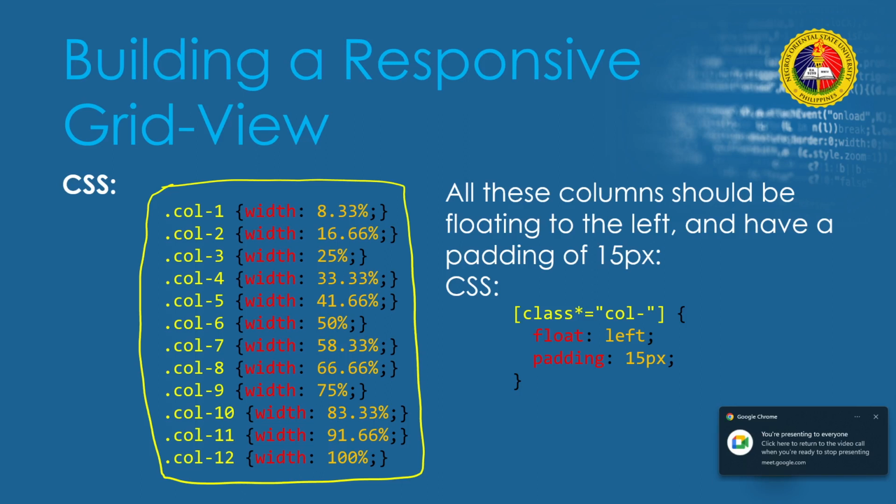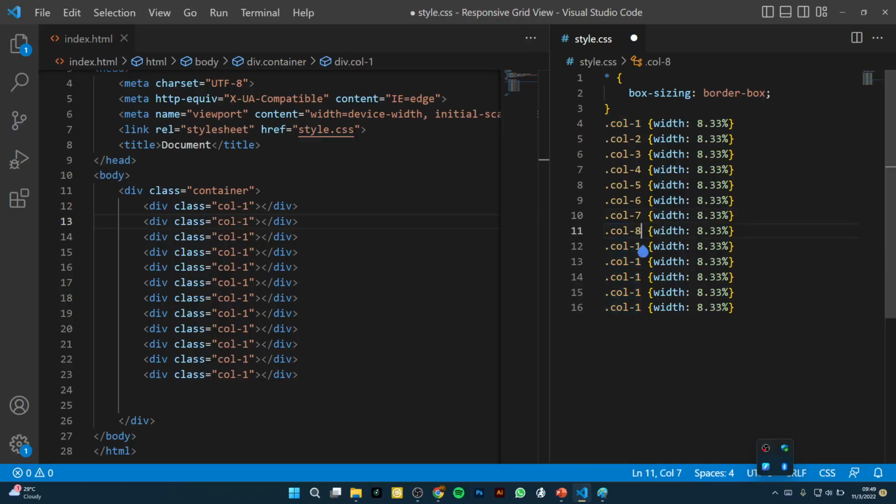Alright, so here let's call col-1. The width is 8.33%. So that's for column 1. So we're just going to shift alt and create 12 more. That's col-2, col-3, col-4, col-5, 6, 7, 8, 9, 10, 11, and then 12.